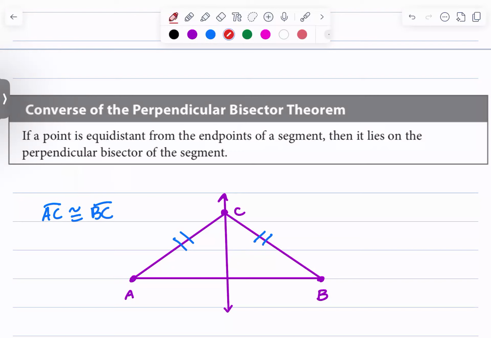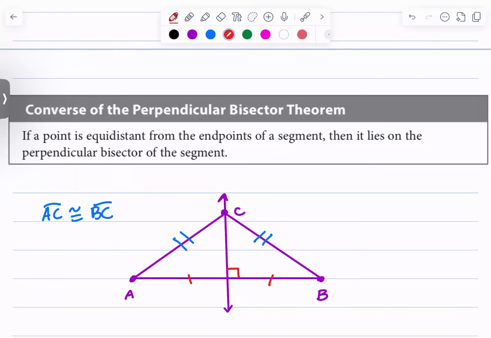Then I know that C, or this line, is on the perpendicular bisector of that segment. Okay, the converse to it, right?